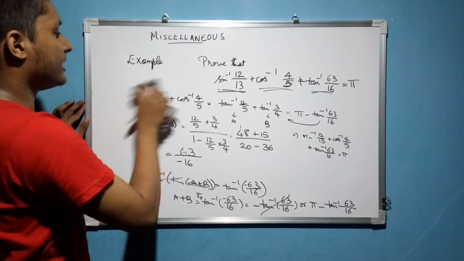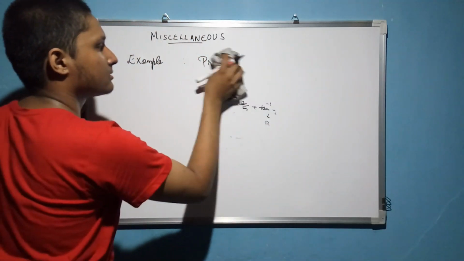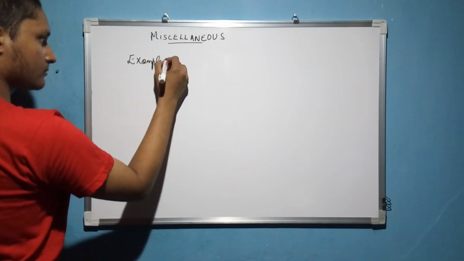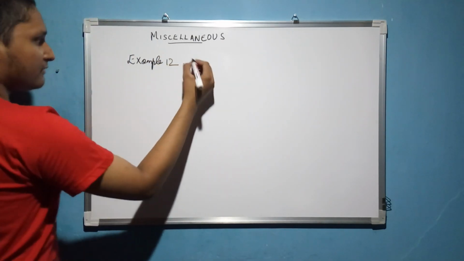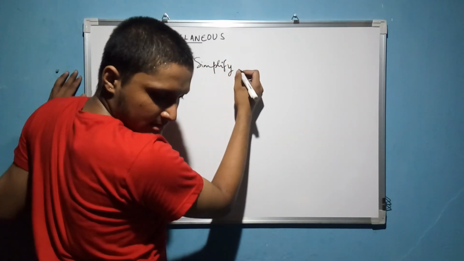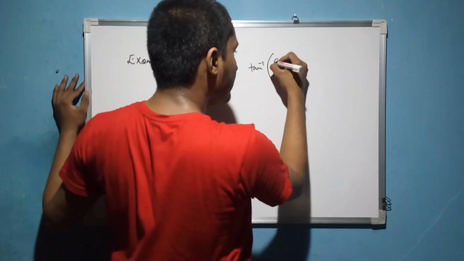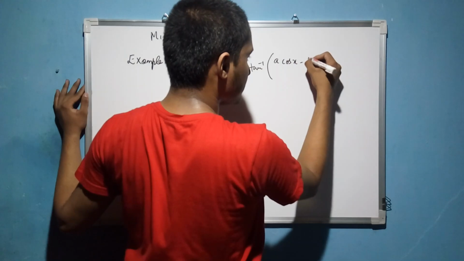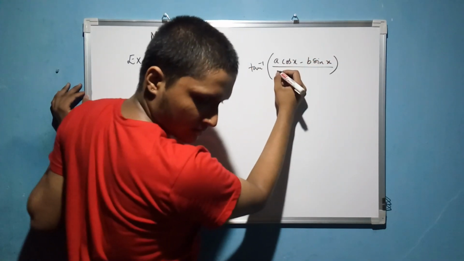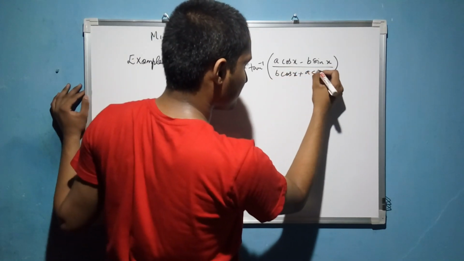Okay, now we have the next example. The next example is example 12. You are asked to simplify the given thing, that is tan inverse of a cos x minus b sin x divided by b cos x plus a sin x.